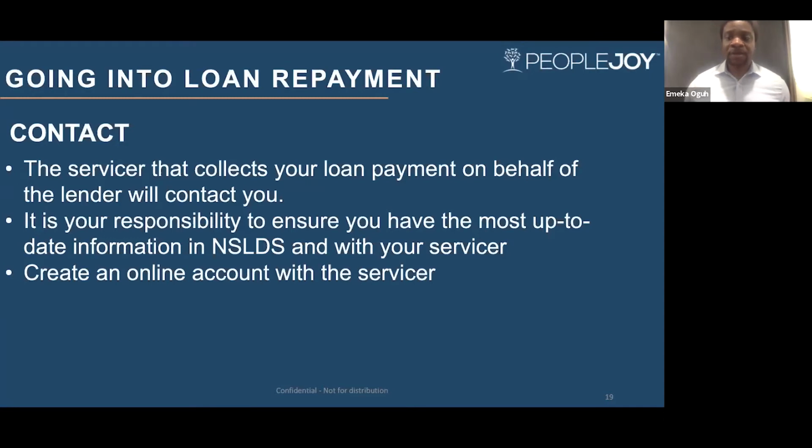So sometimes folks get in trouble because when they're getting those loans, they put maybe their home address when they live with their parents, or maybe a school address with the school apartment. They graduate, get a job somewhere else. They don't update that information. The servicer sends them a letter in the mail letting them know their payments are due. They never get it, and all of a sudden they get a notice that they're in default or that their wages are being garnished because they just never got any updates.